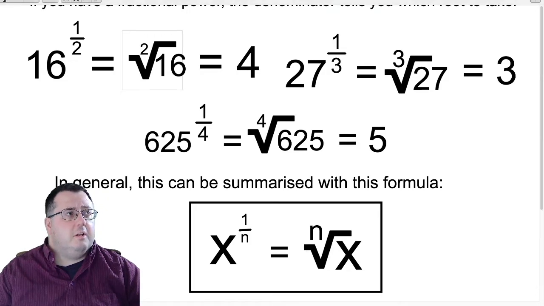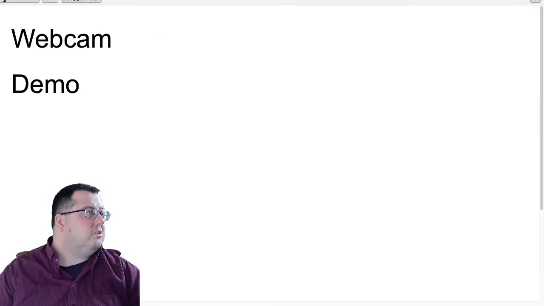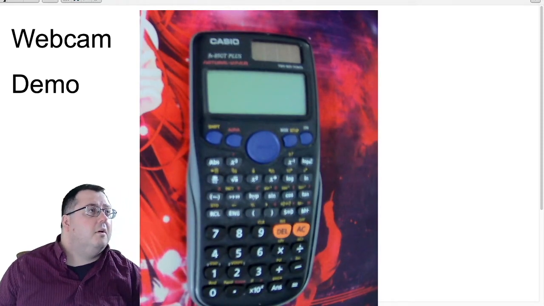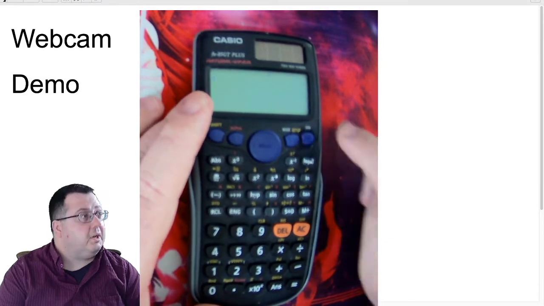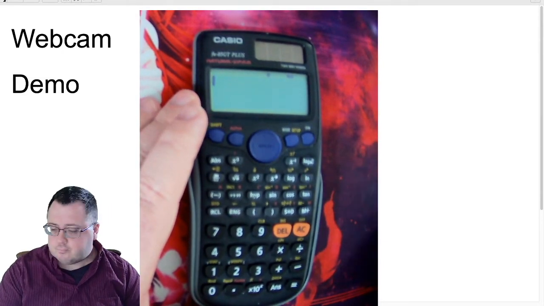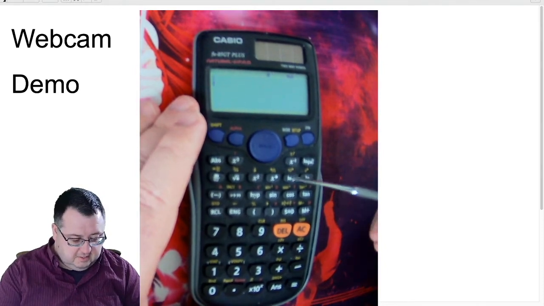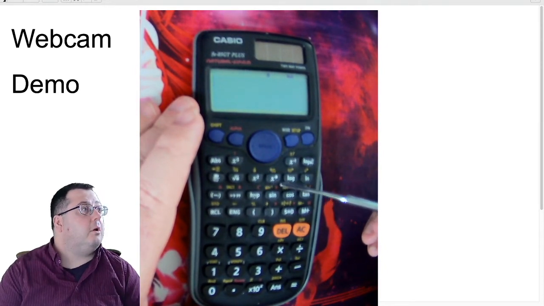So we're going to do a little demo now. I've just got to switch my webcam on. Give me a moment. There we go. Here's my webcam and my calculator. So I'm just going to point out the button you need to use, and it's this button here, X block.